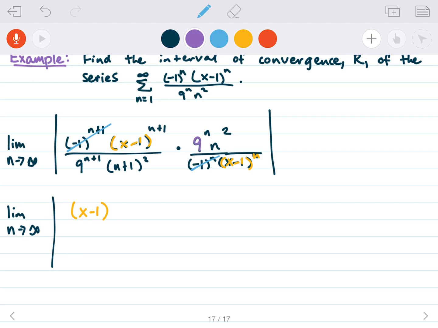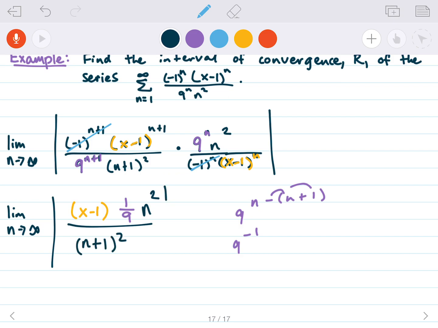We have 9 to the n over 9 to the n plus 1. Well, it's going to be 9 to the n minus n plus 1, so that's going to be 9 to the negative 1, which is 1 over 9. Then we have n squared over n plus 1 squared. All right, so far so good.